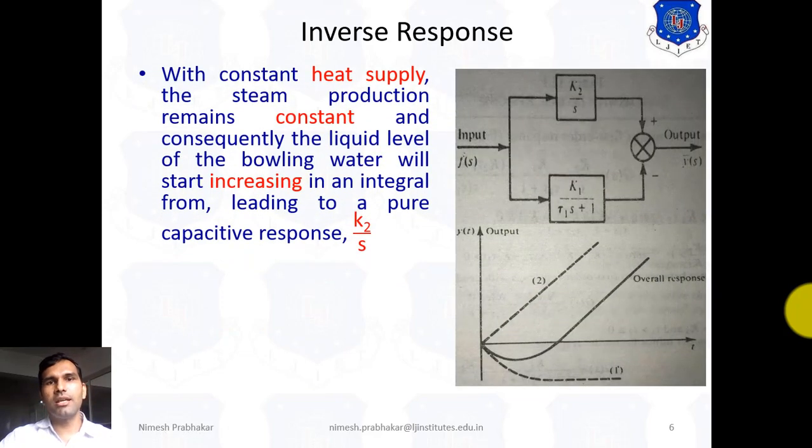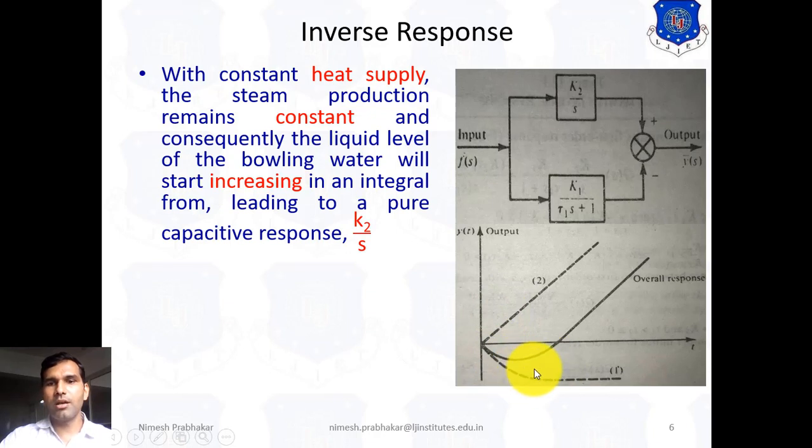with the constant heat supply the steam production remains constant, and consequently the liquid level of the boiling water will start increasing in the integral form, leading to a pure capacitive response. That means this represents the pure capacitive response of the system, and this effect is only for a short period.